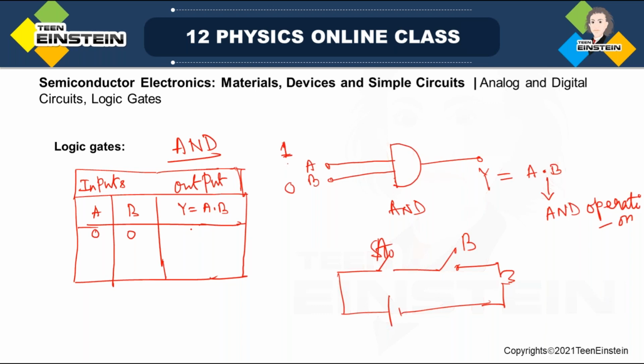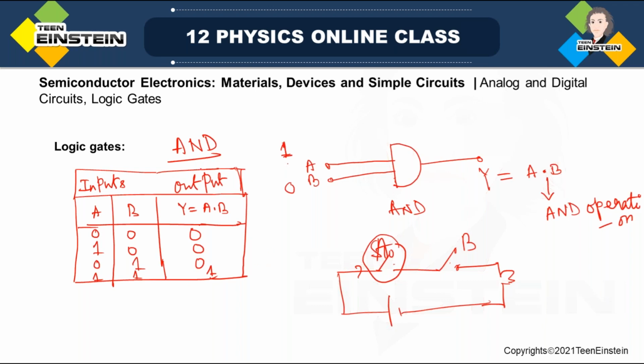That means output will be 0. If this is 1 and this is 0, then also, since they are in series, if one is open, another one is closed, then also you will not get any output. Now, if this is 0 and this is 1, the similar thing, one is closed, another one is open. Now, if both are closed, then they are in series, so current will flow through the bulb and you will get output 1.